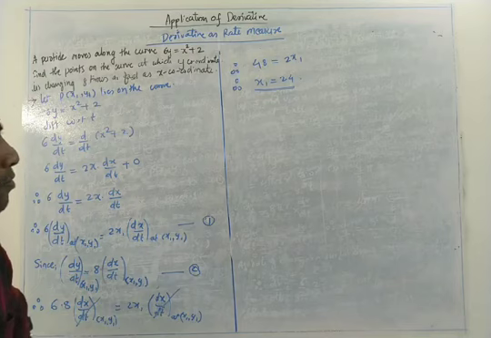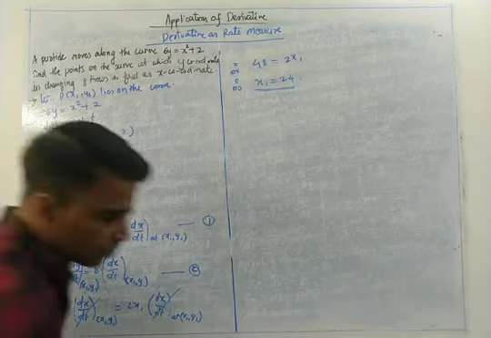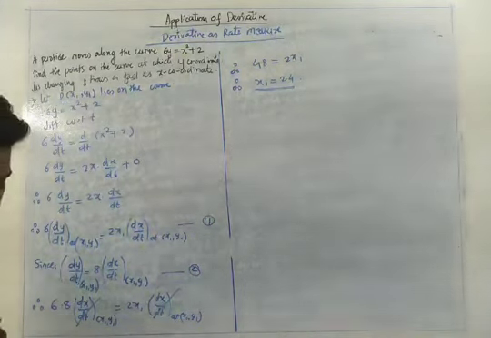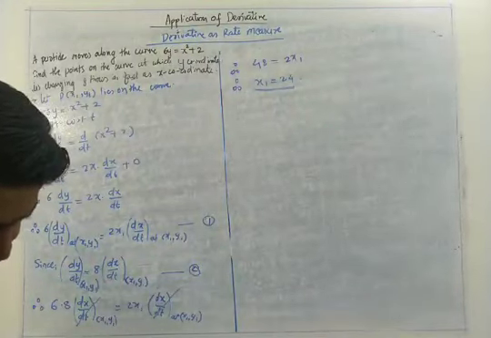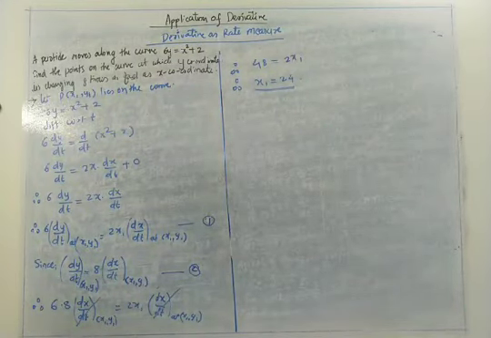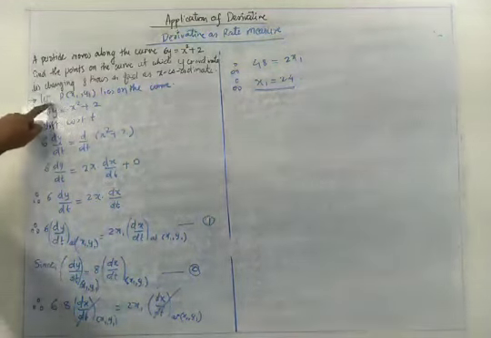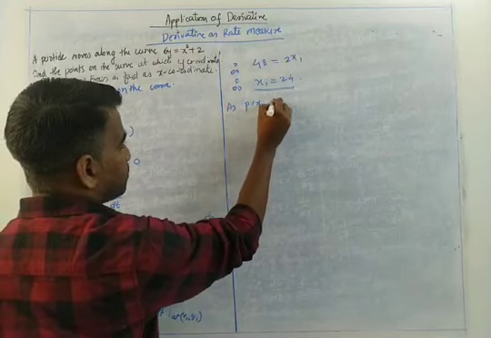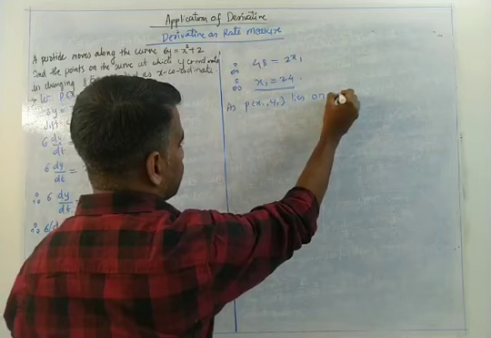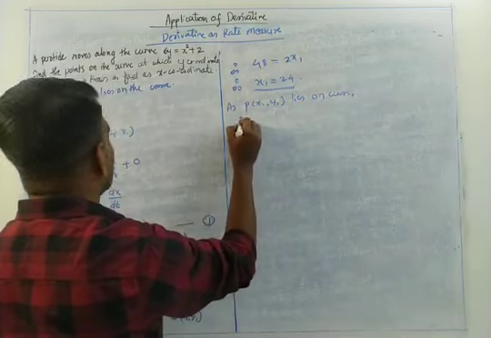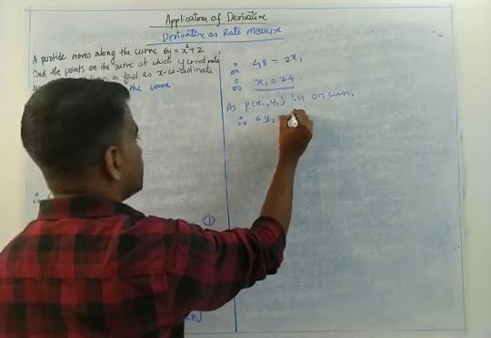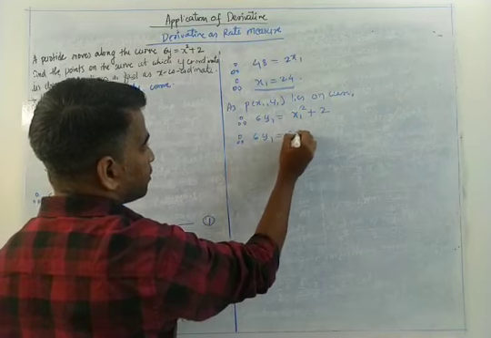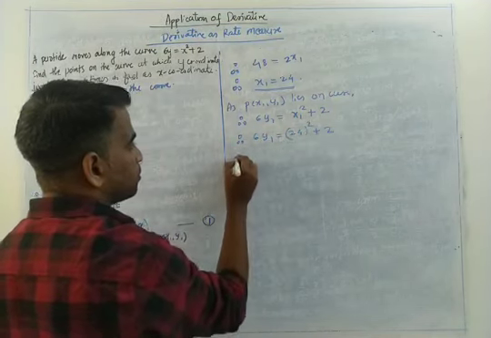Is it clear? Now we have to find the value of y1. So for finding the value of y1, see, the point P(x1, y1) lies on this curve. So therefore, as P(x1, y1) lies on the curve, 6y1 is equal to x1 square plus 2. Therefore 6y1 is equal to 24 square plus 2.